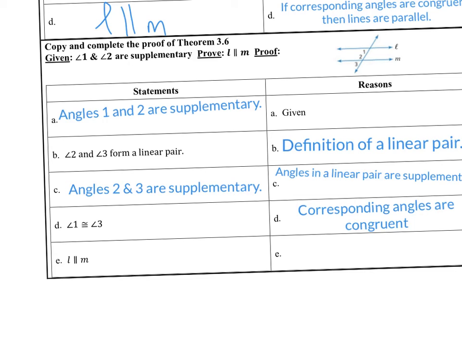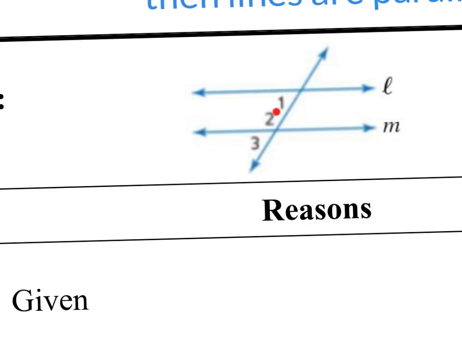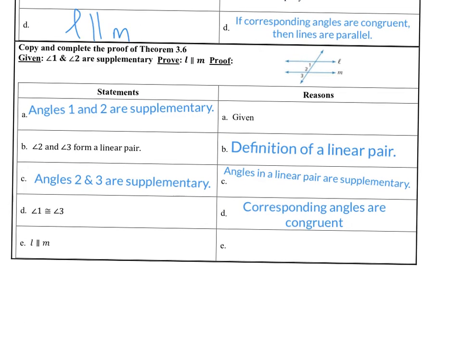And we know they have to be congruent because, like we just said before, angle 1 is supplementary to angle 2, and angle 2 is supplementary to angle 3, so that would make angle 1 and 3 congruent to one another. So if these corresponding angles are congruent, which they are, that would prove that line L is parallel to line M. And that is because of the converse of corresponding angles postulate.